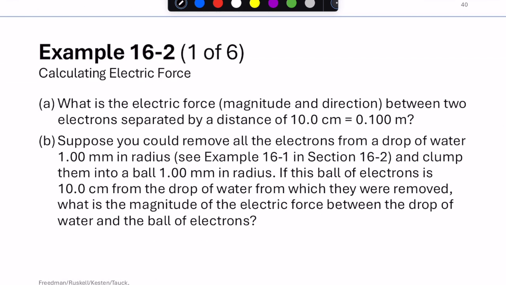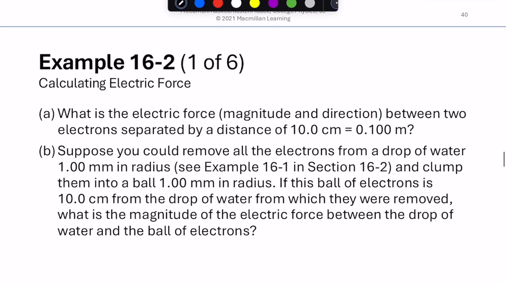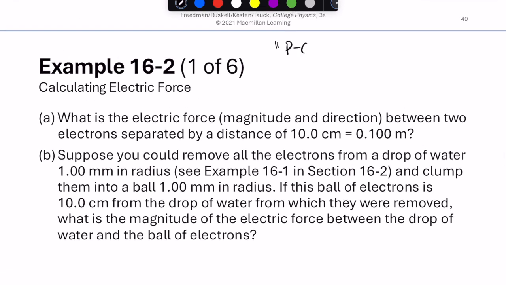So we're going to do some examples. I have these already posted on Canvas. If you go in modules, these are called PCAST videos, and the title of the video is the example. So it doesn't say example 16.2, it says PCAST, calculating electric force.